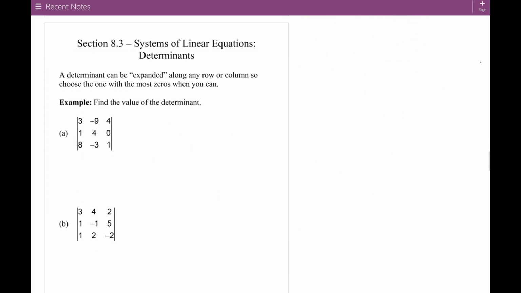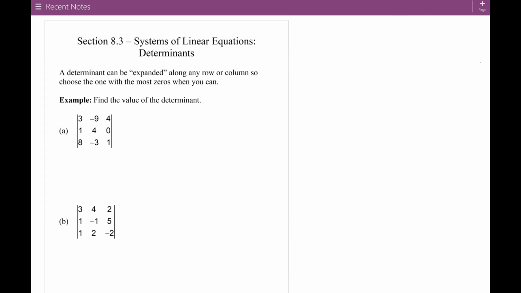So to actually do this, I'm going to suggest that you think about it first and say, well, I see a row or a column that has a 0 in it. So it's always easier if you expand along a row or column with a 0, because then you end up with a 0 multiplying. So I'm going to expand along this row.